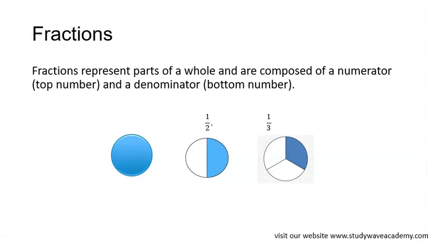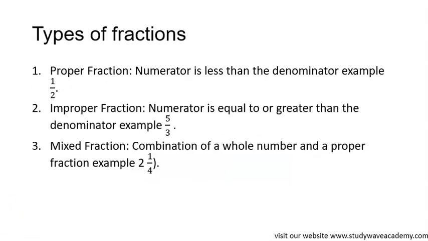Good. So next we're going to be looking at types of fractions. We have the proper fraction, improper fraction, and mixed fraction. In the proper fraction, the numerator is less than the denominator, okay?